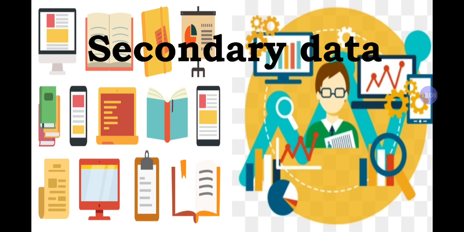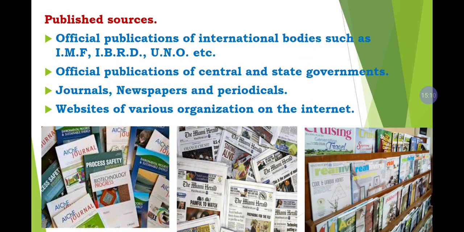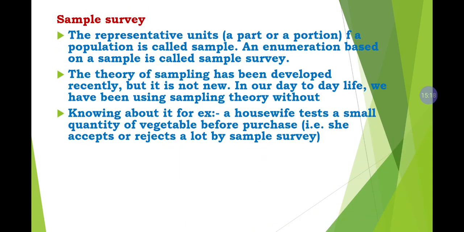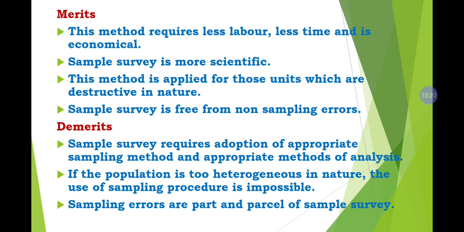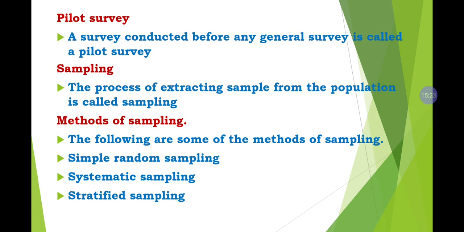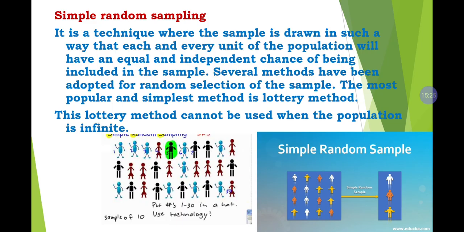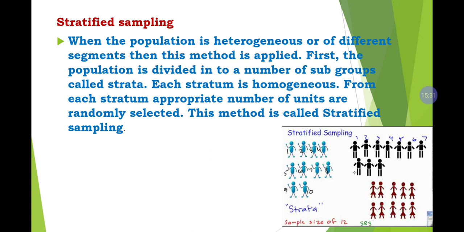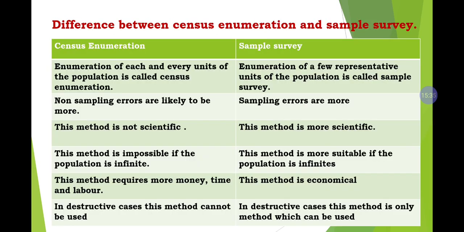Then secondary data, under which we have published and unpublished sources. Then census enumeration, and sampling survey, then pilot survey, simple random sampling, systematic sampling, then stratified sampling.